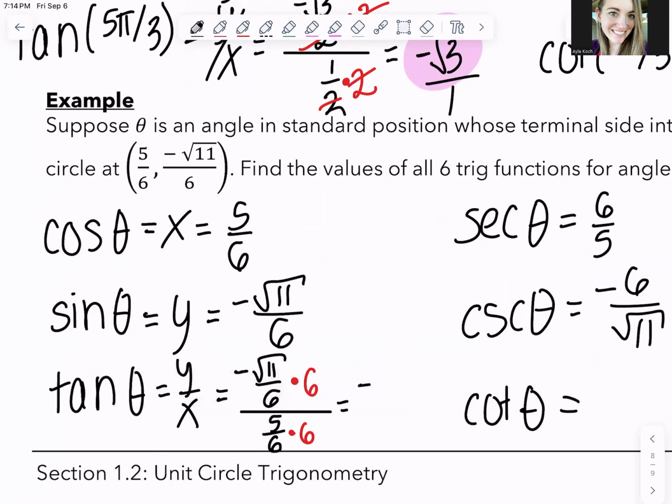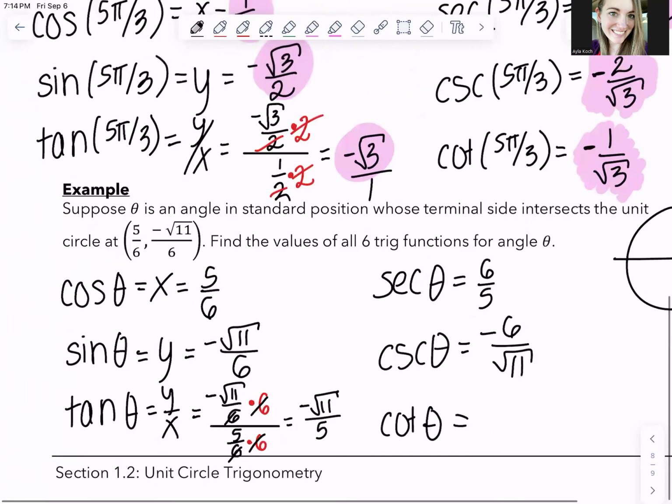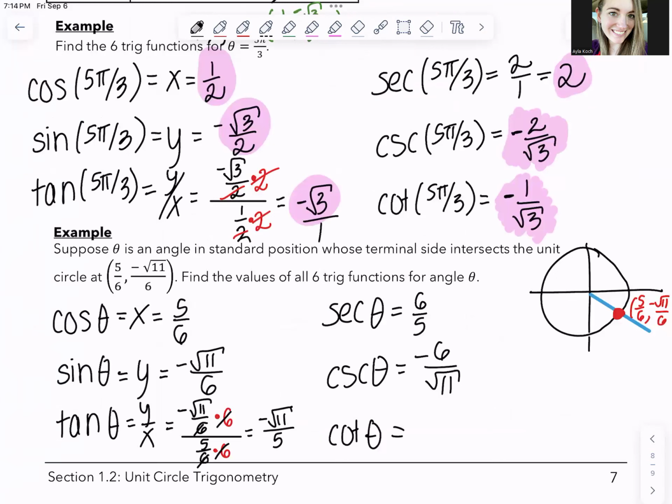I'm going to get negative √11. These cancel, negative √11/5. And if I flip it upside down to get cotangent, I have 5 over negative √11. And those are my answers.